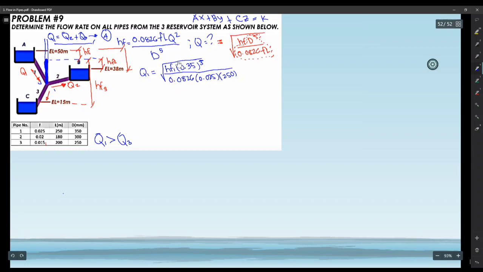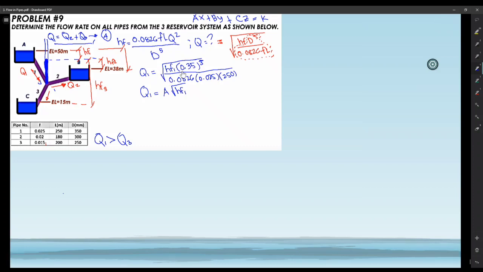Okay, so ang gawin natin, itong mga terms na to, i-store natin sa A. Or that will be A and then square root of HF1. Okay? So yung A kasama yung square root, or ganito yung magiging itsura niya.